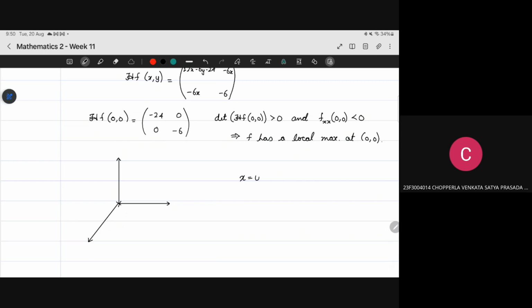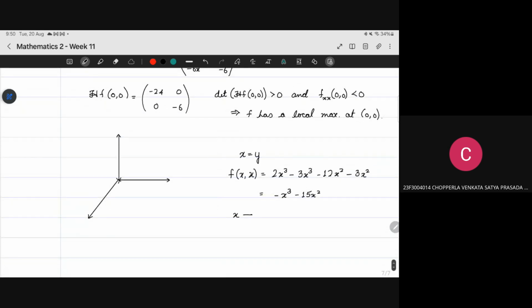Consider the line x is equal to y in the xy plane. So f of x comma x, this will be 2x cube minus 3x cube minus 12x square minus 3x square. So this is minus x cube minus 15x square.